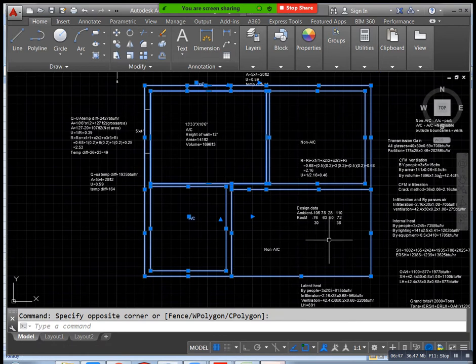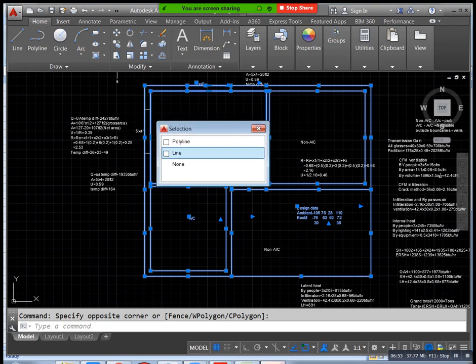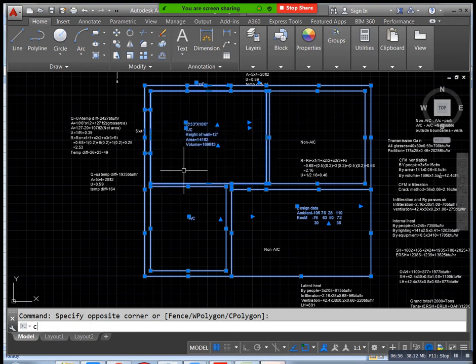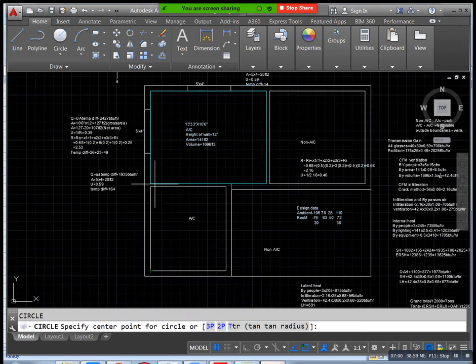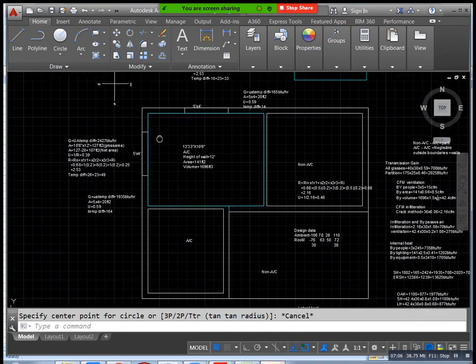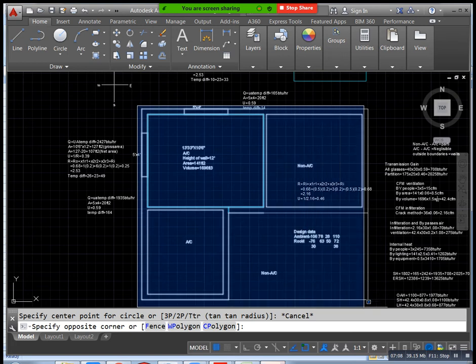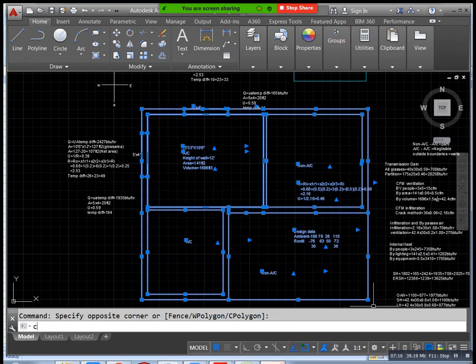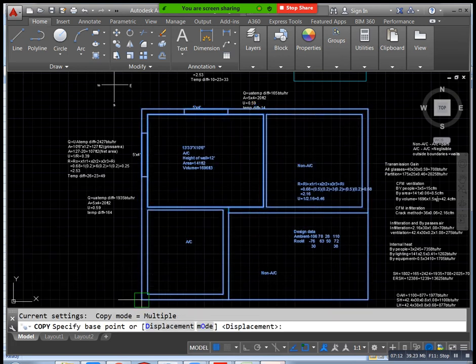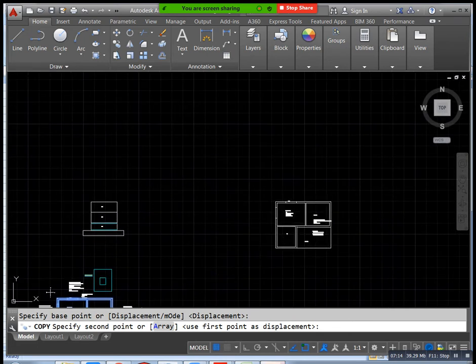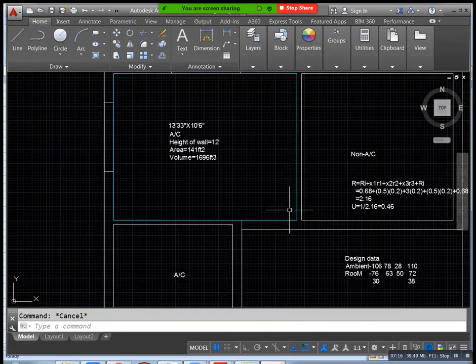Now you can take it and specify it here. This is our building. For example, in this building I know the area of the building, the window, whether it is AC or non-AC, and I know the design condition also.